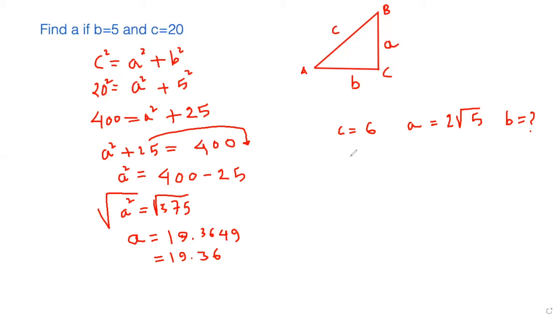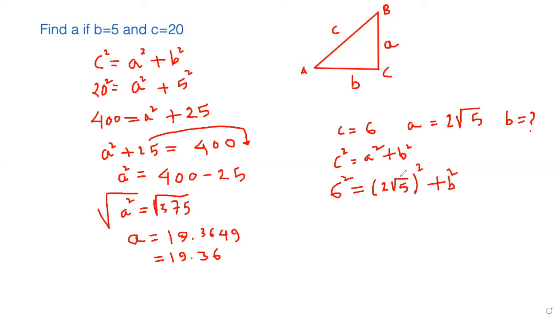Okay, so same thing, we write down the formula and then plug in the values. Here my c is 6, so I am writing 6 squared equal to 2 radical 5, which I write under parentheses so that I don't mess up with the square, plus b square.